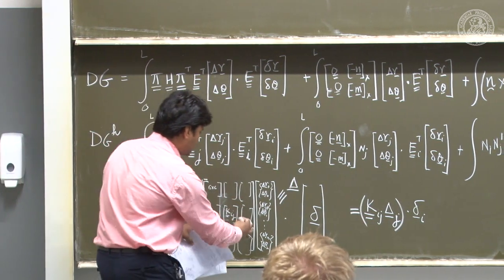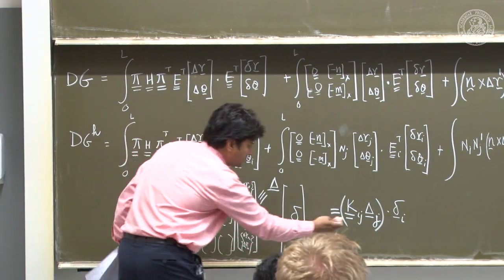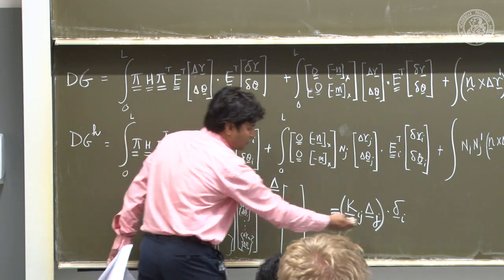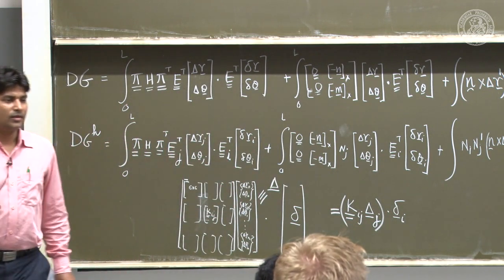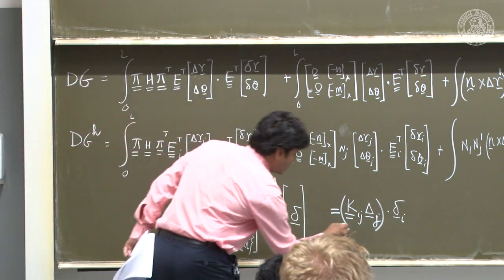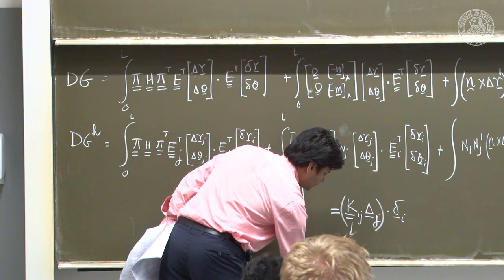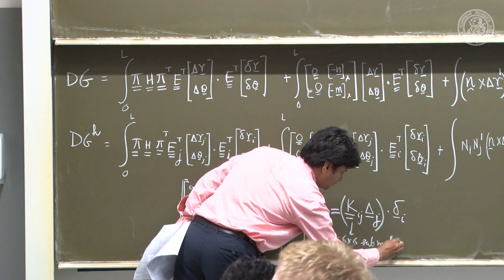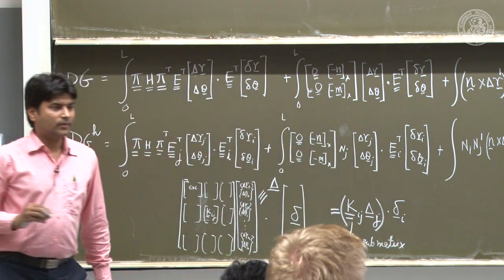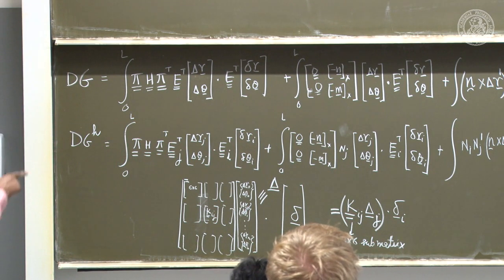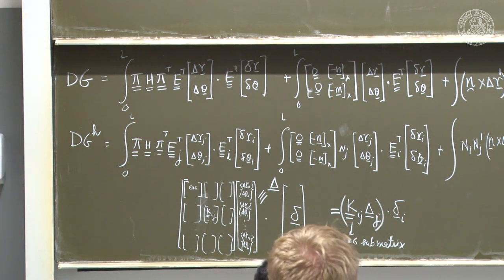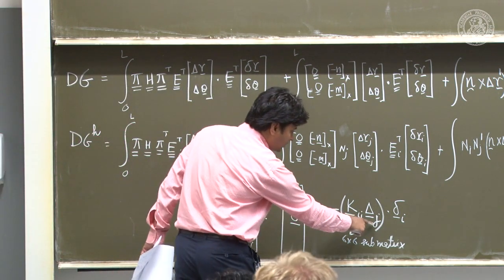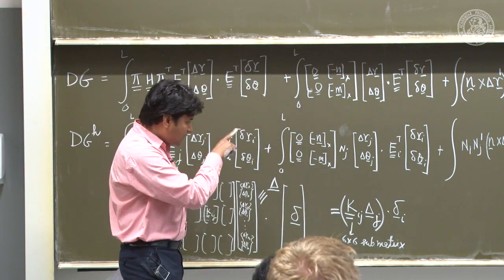Isn't it? This matrix multiplied with the delta vector, that's K_ij delta_j, and then you dot with the del vector, so you dot with del_i. But now the K_ij's are your 6 cross 6 submatrices. So our goal would be to get that K_ij. What's this delta_j?